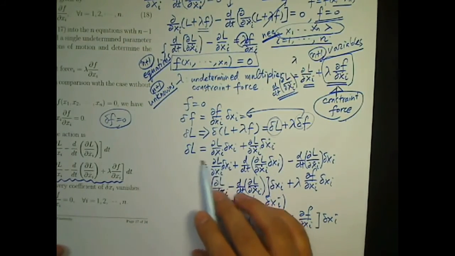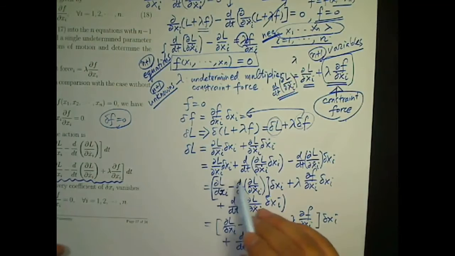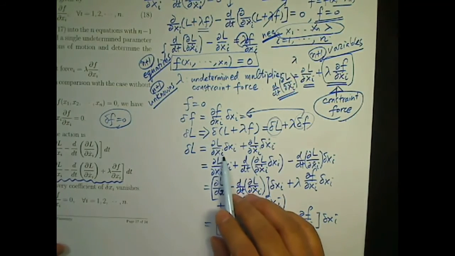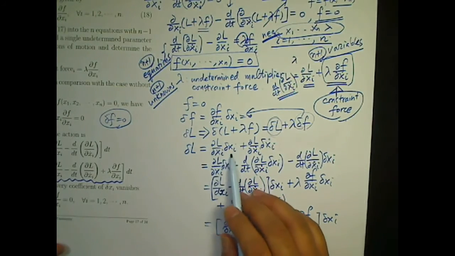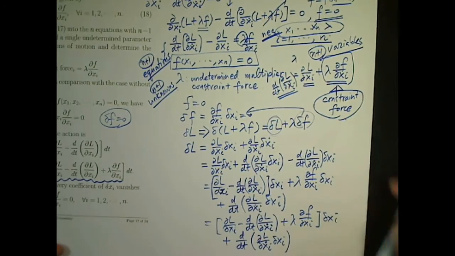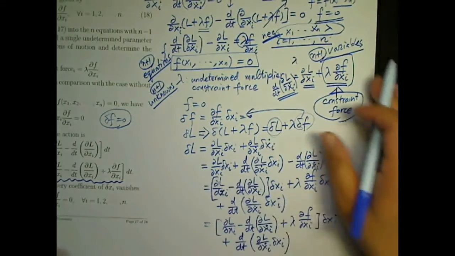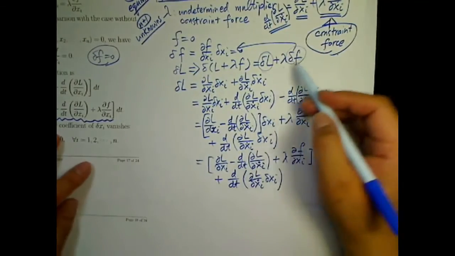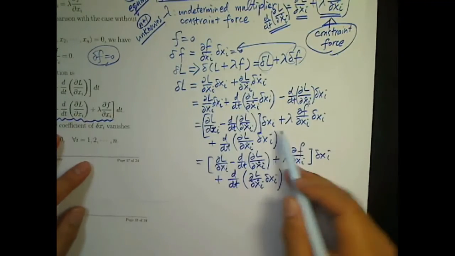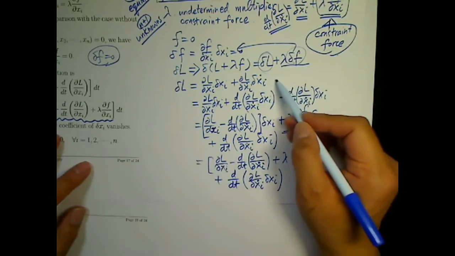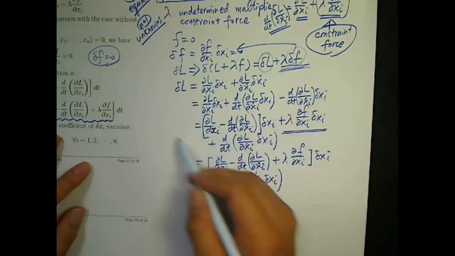Delta L is calculated in terms of the Lagrangian's partial derivatives with coordinate and velocity, and we do the same job as before. However, this delta L is the original variation, but at the end we add this piece.